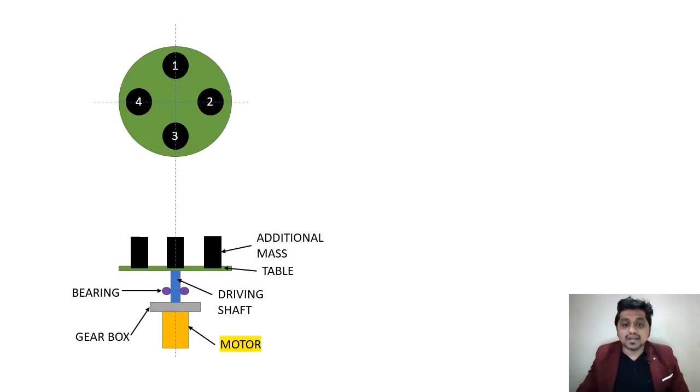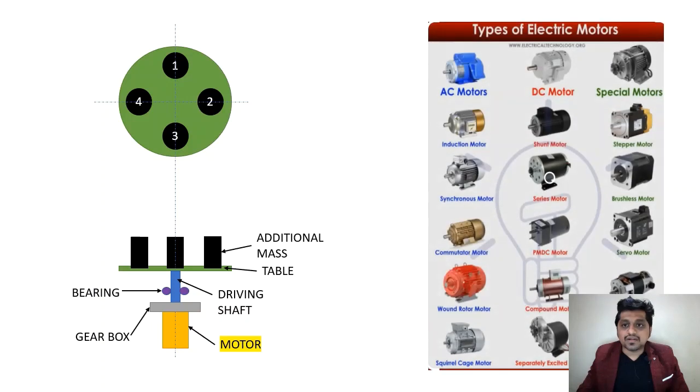So let's see what the different types of motor are. The first question that arises is which type of motor should be used for this application. You can see here there are AC motors, DC motors, then special motors. Again in AC motors there are different types, in DC motors there are various types, and the special motors we know are the stepper and servos and all that.